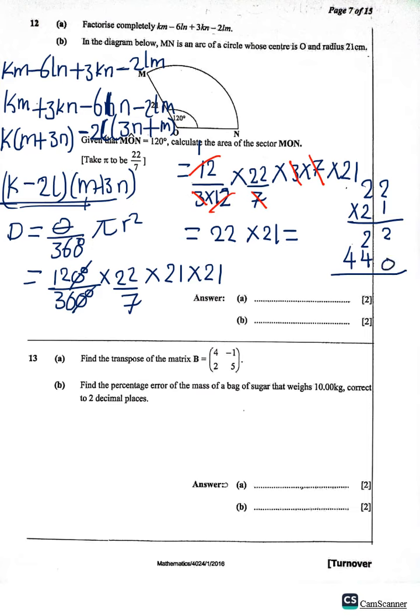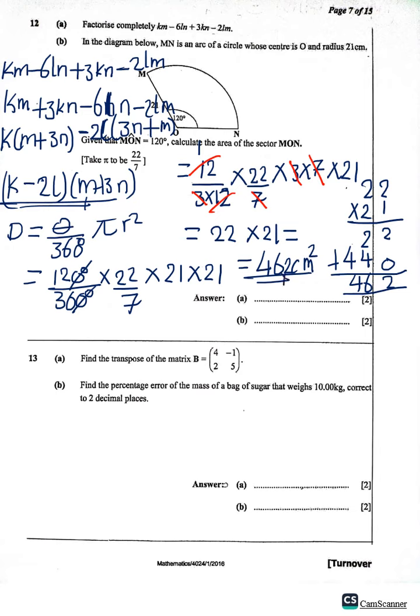So here we have a 0, we can now add 2 plus 0 is 2, 4 plus 2, 6. So our final answer here is 462 centimeters squared. So this is our final answer.